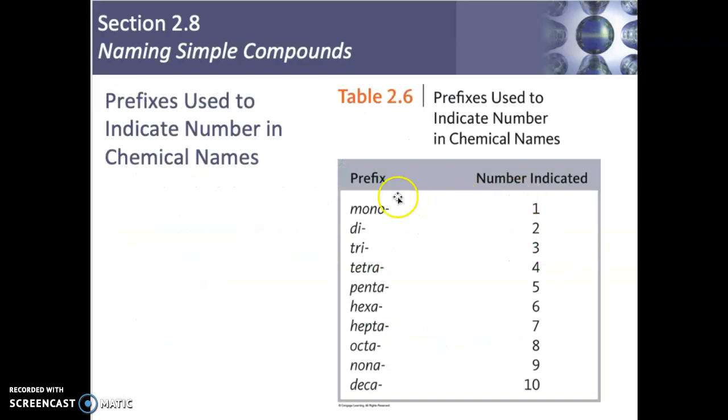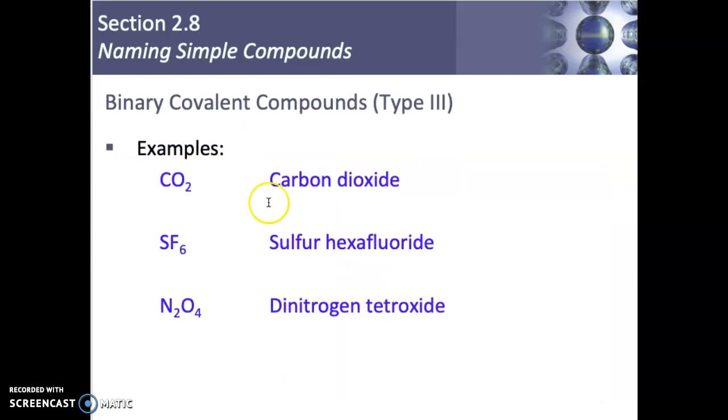So here are the prefixes. We definitely need to be comfortable with those. Hopefully they make sense. They're pretty common numerical prefixes. Here are some examples. So I said 2 slides ago that we never use mono. So we don't say monocarbon dioxide. We just say carbon dioxide. It's assumed.